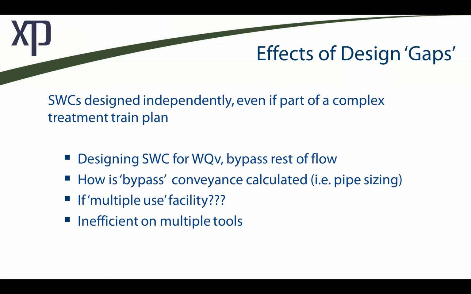So obviously with a spreadsheet, we could look at a facility with just a storm event, the water quality event. But what if you have these multiple use facilities, like a dry swale, or an infiltration trench? So maybe during a low flow event, the water quality volume is treated by that facility.